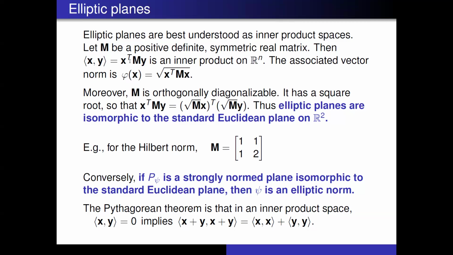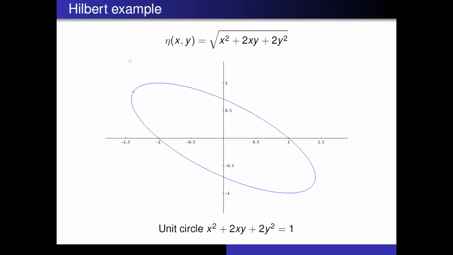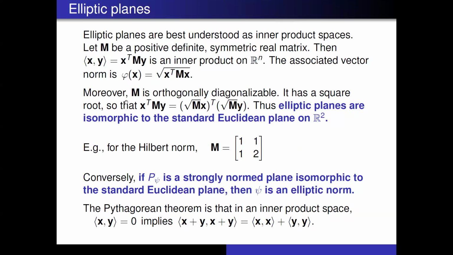So for example, for the Hilbert norm, we had x squared plus 2xy plus 2y squared. And there's a matrix. Okay, of course, the 2xy is split between the xy and the yx terms. But otherwise, that's it. And of course, this is a positive definite symmetric matrix.